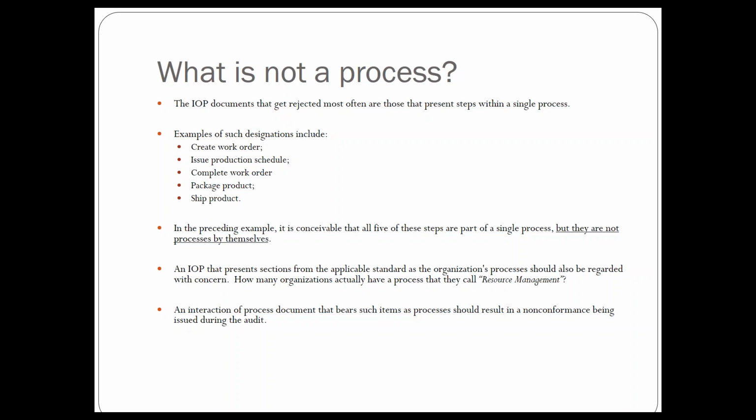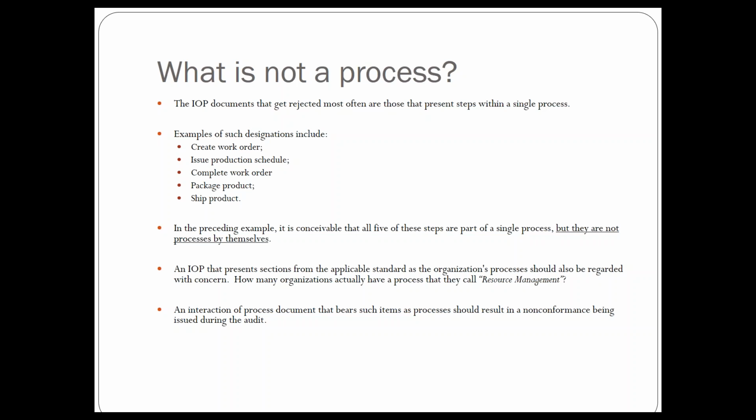Because we're going to question, are these truly 5 distinct processes, or are these steps within a single process? And the most likely answer is going to be no, these are not individual processes. These are portions of a larger process.